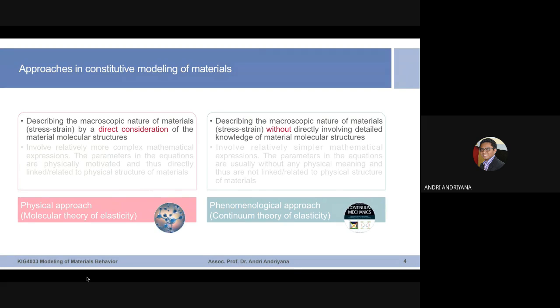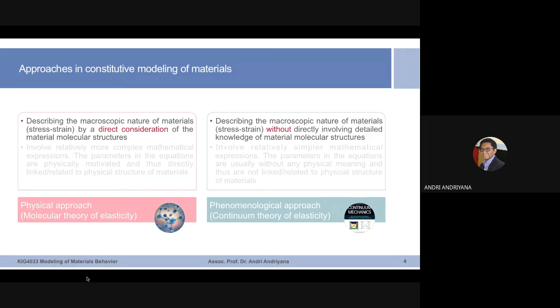Here are some detailed differences between the two: physical approach and phenomenological approach. In the physical approach, describing the macroscopic nature of materials, we are dealing with the stress strain characteristic by a direct consideration of the molecular structure of materials.